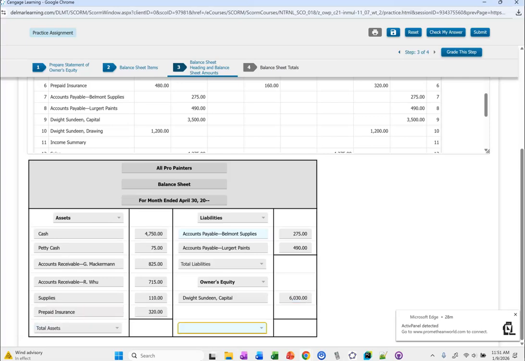Okay, and then what's the month, or the date though? It says April's wrong. Let's hit check, it says it's wrong too.